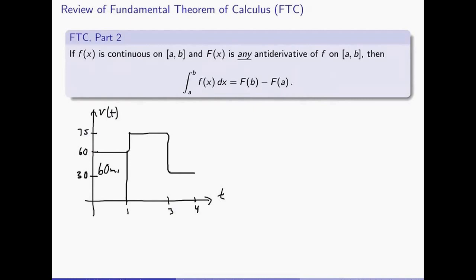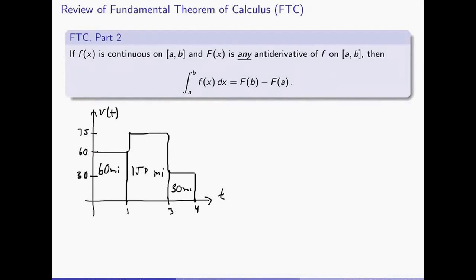Now the second leg, we have gone 75 miles an hour for 2 hours, so we have clearly gone 150 miles. That's supposed to be a 0. Looks close enough. And then the last leg of the journey, we have gone 30 miles an hour for 1 hour, so we've gone 30 miles.